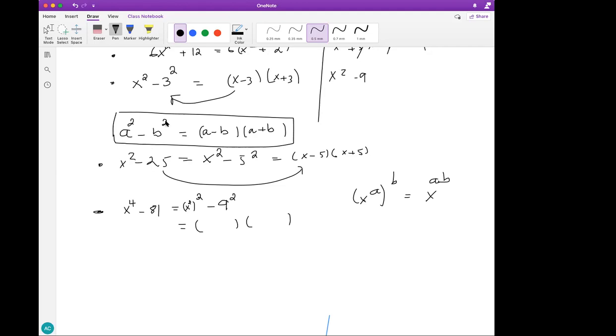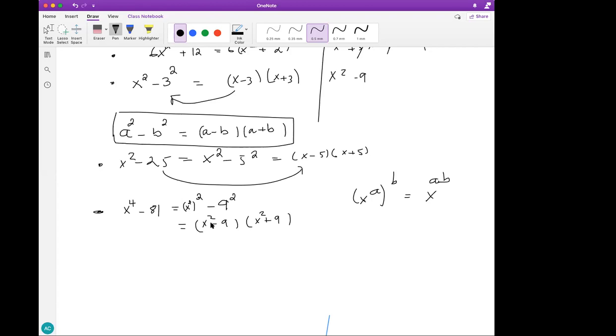Just ignore the outer powers, the 2 powers here, and take whatever is under them. So x squared minus 9, and x squared plus 9.